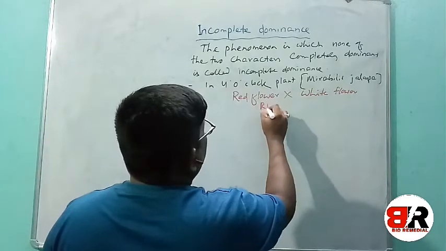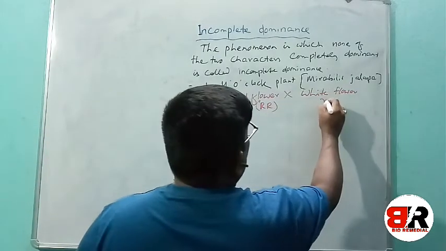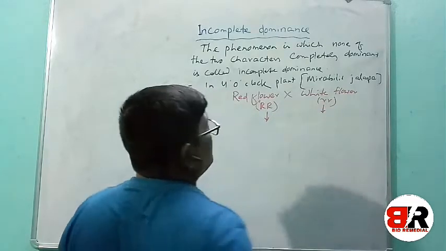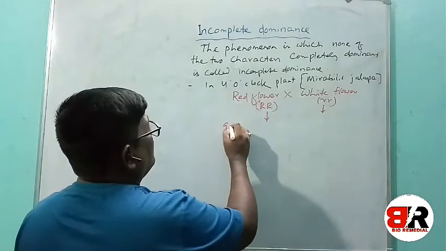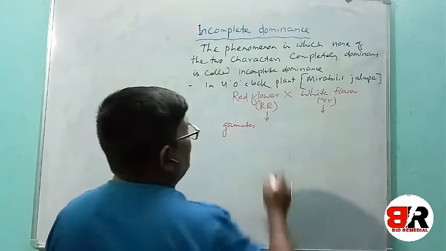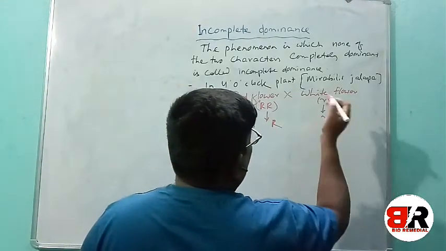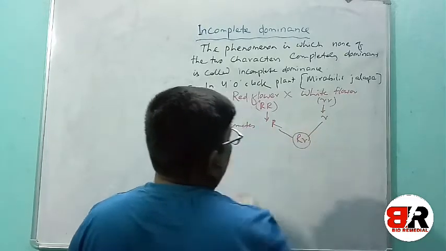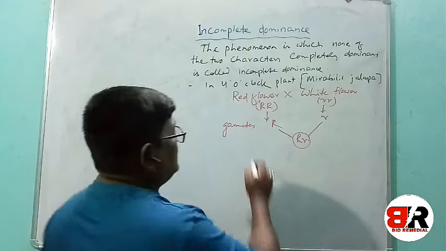The red flower is denoted by capital R capital R and the white is small r small r. Just like Mendel's monohybrid cross, he crossed these two plants, red flower and white flower, and got gametes capital R and small r, and he found the heterozygous condition in the F1 generation.